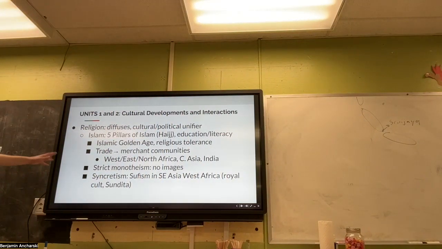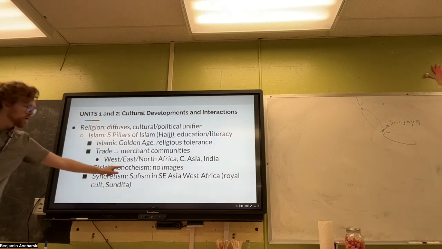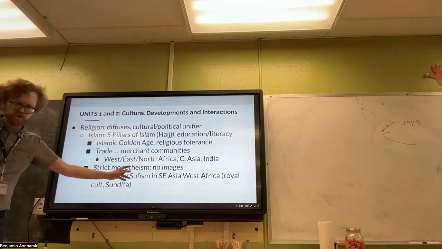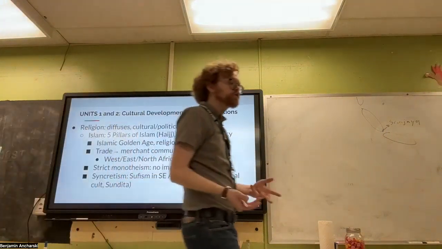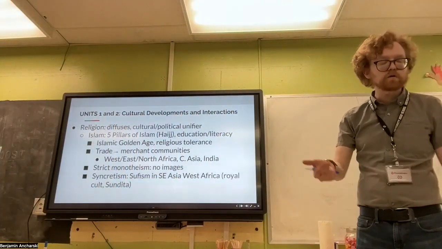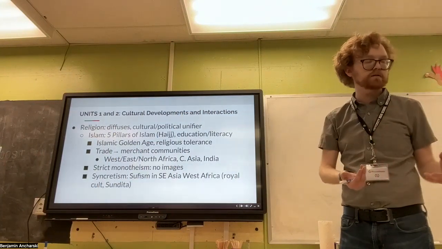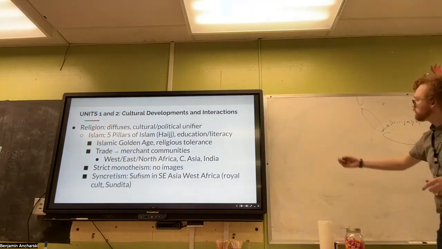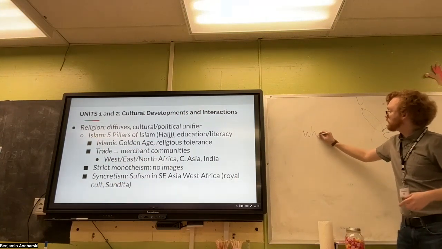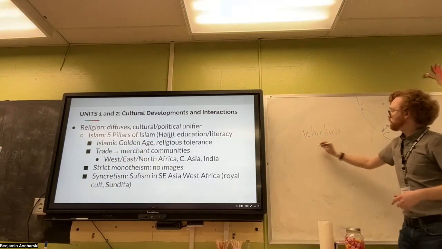And there are a few reasons why syncretism will happen. And one of them is going to be Sufism. Sufis are non-traditional Muslims. They are kind of Muslims that engage in unorthodox religious practices. For example, we do have kind of this phenomenon known as the whirling dervish.